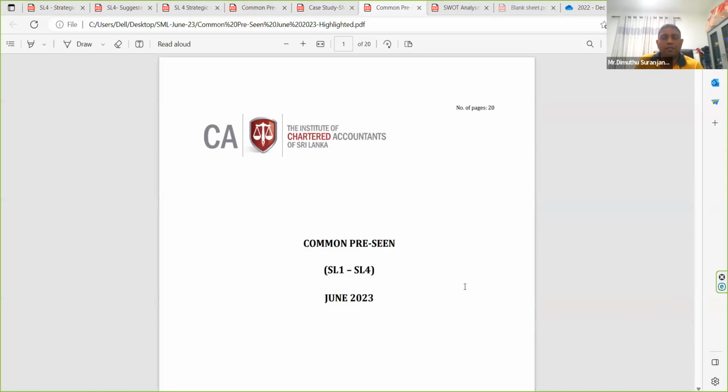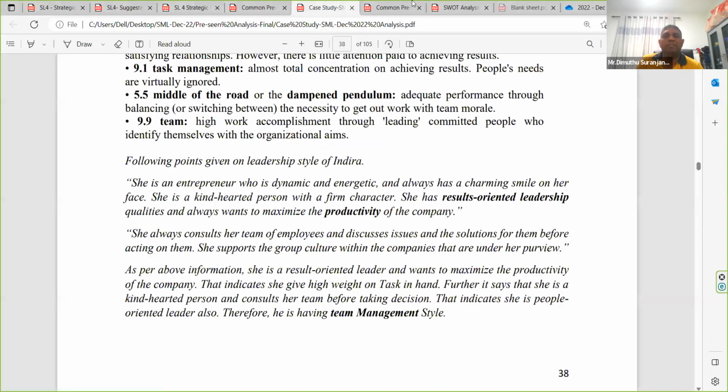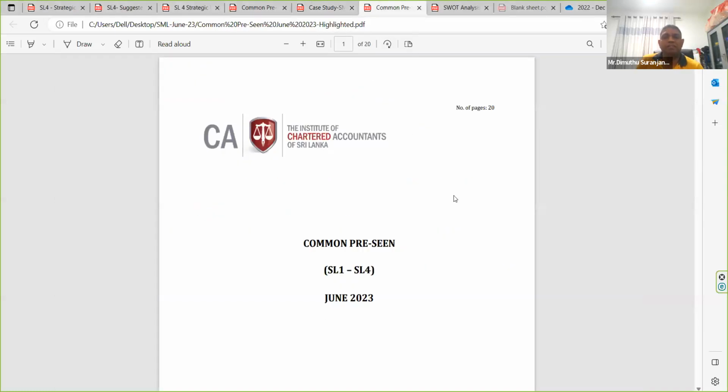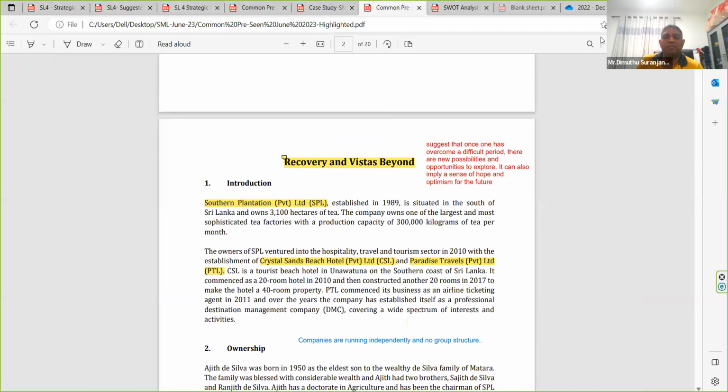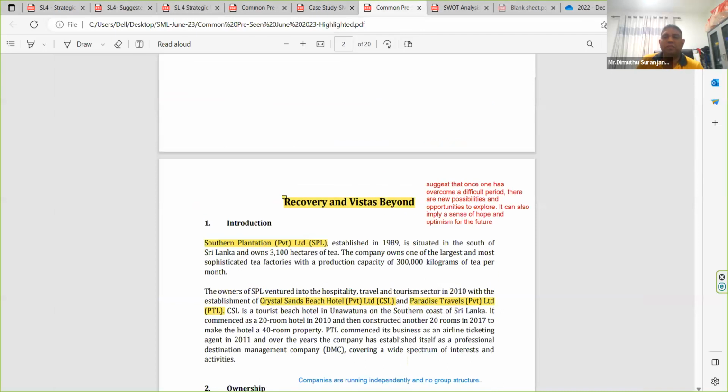Has someone earlier asked about this past paper question analysis? Give me 1 second. This pre-seen analysis will actually have a separate session. I think I have also not finished this one, so this is an incomplete one.